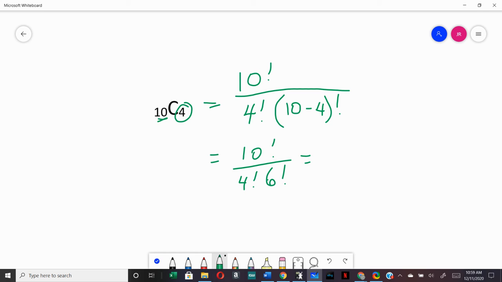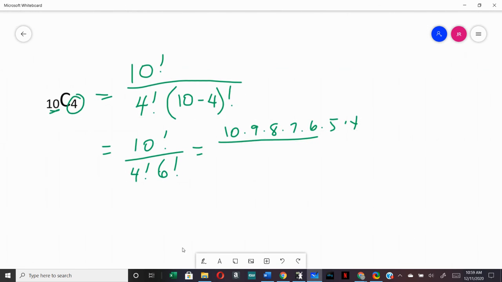And so now this will work out just like we did in the last one. We'll have 10, 9, 8, 7, 6, 5, 4, 3, 2, 1.